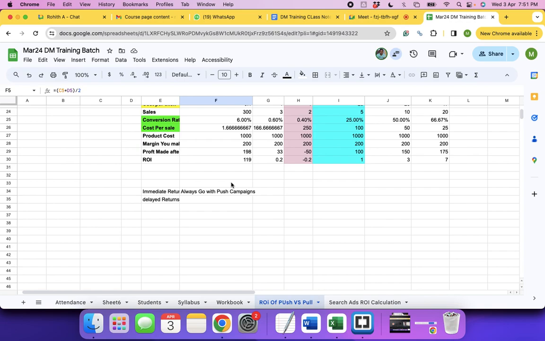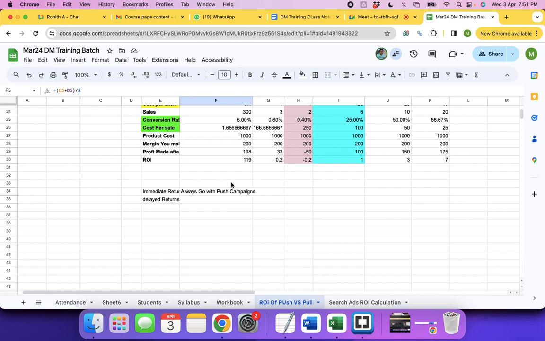So within the ad group, you'll have a couple of things. I'll tell you what all will be there within the ad group. So campaign, under the campaign, you'll have ad group.